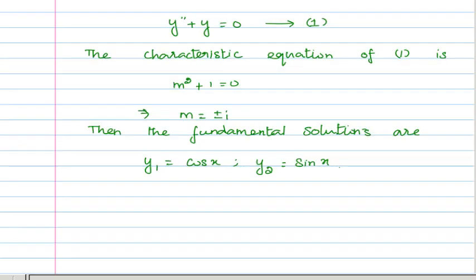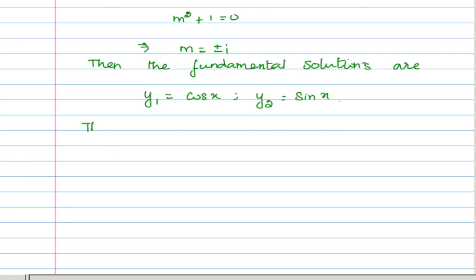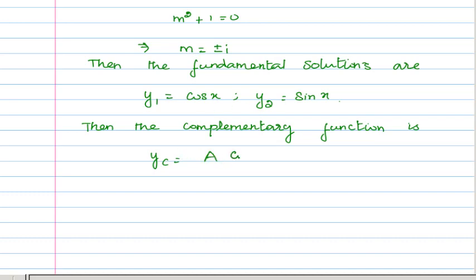So what is the complementary function here? The complementary function is yc equal to the linear combination of y1 and y2, so I take a times cos x plus b times sin x. My next aim is to find the particular integral.